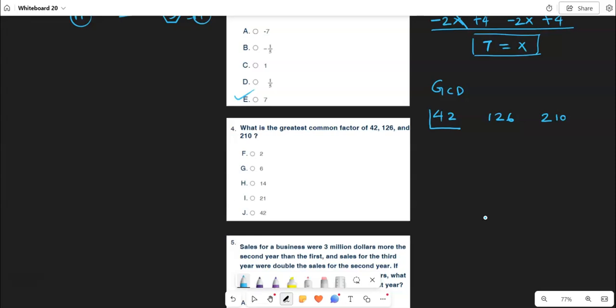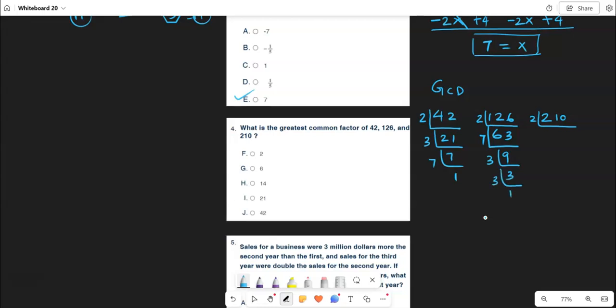So here you have three numbers, 42, 126 and 210. All these three numbers are even numbers. You can start with 2 to factorize. 42 divided by 2 is 21, and next is 3, 7 and 7, 1. 126 divided by 2 is 63, and then 7 and 9, next is 3, 3, 3, 1.